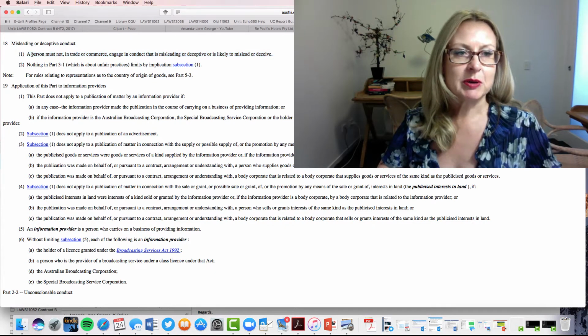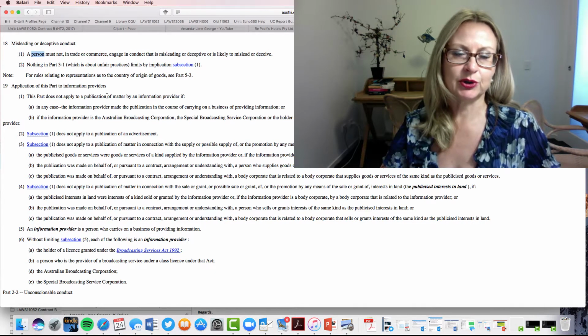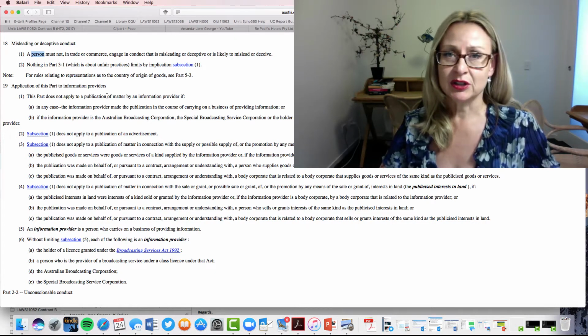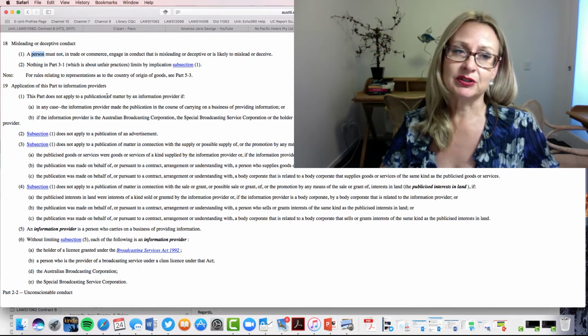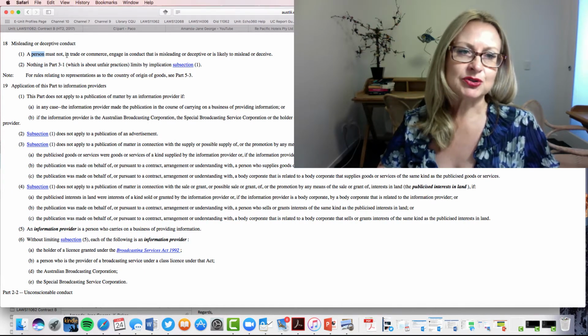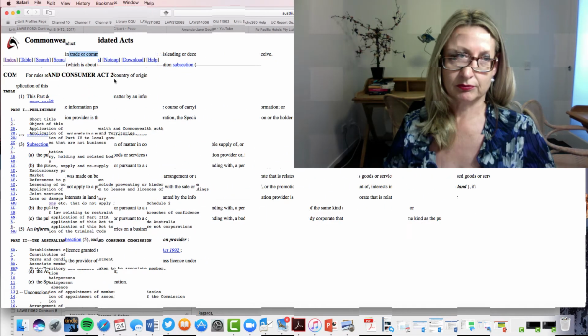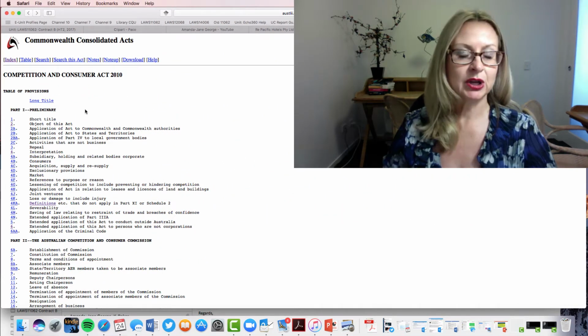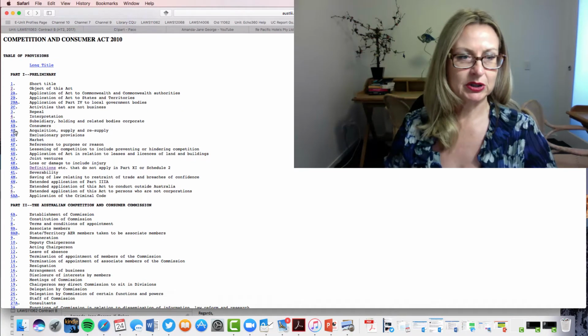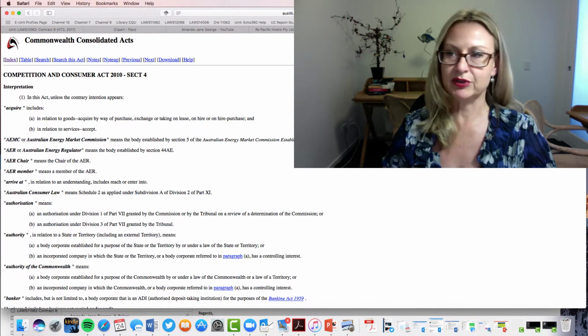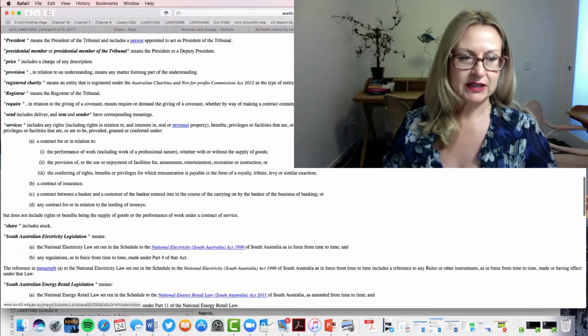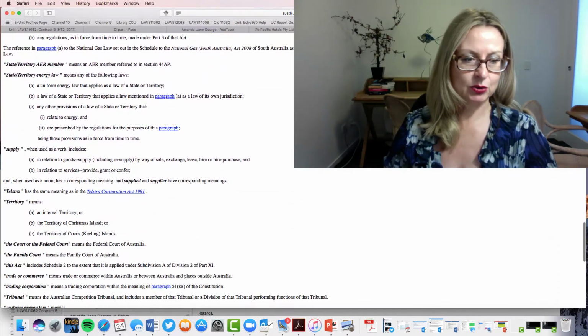We've already talked about the issue of who exactly is a person. It can be a company, it can be a natural person, it can be a natural person under the accessorial liability provisions. Must not, in trade or commerce. Now, if we jump back to the main body of the legislation and we look at the interpretation provisions, we look down here at trade or commerce.